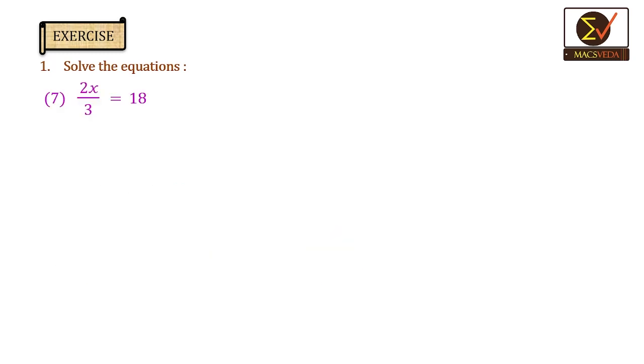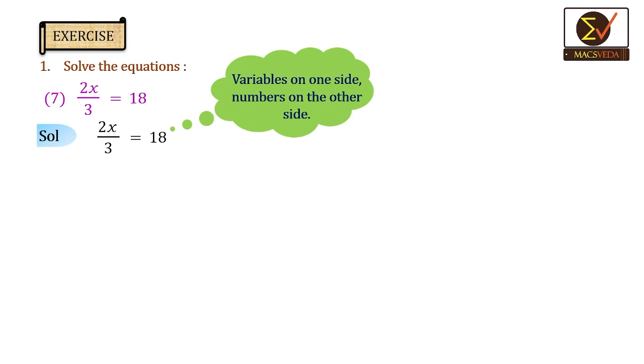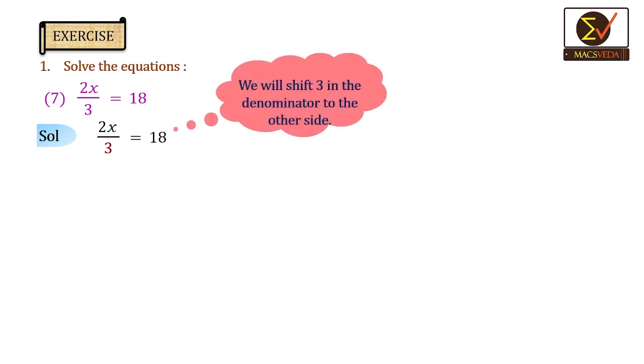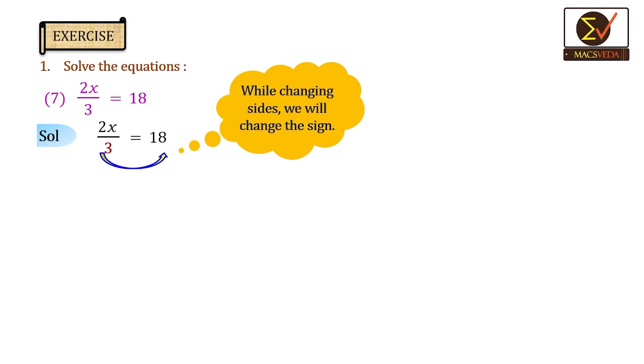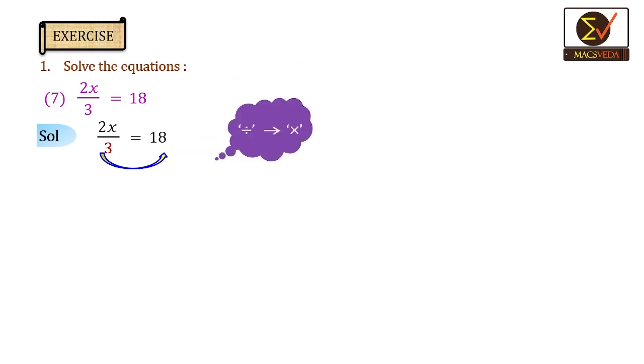Let's look at another example. 2x divided by 3 is equal to 18. Going by the principle, we need to keep variables on one side, numbers on the other side. We will shift 3 in the denominator to the other side. When we shift the number, we have to change the sign. So division becomes multiplication.